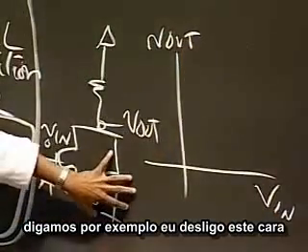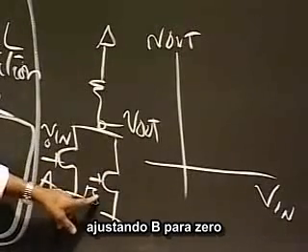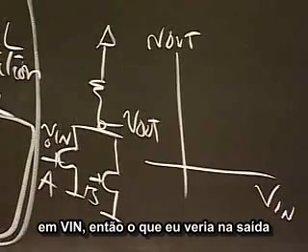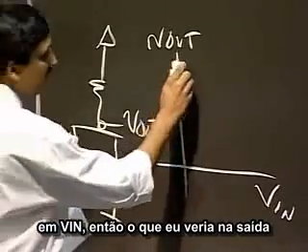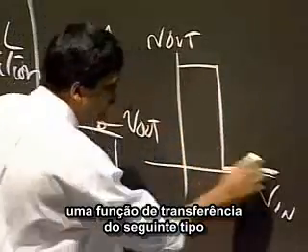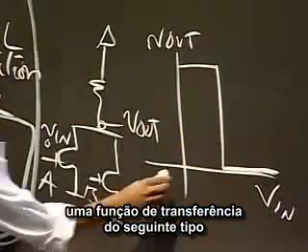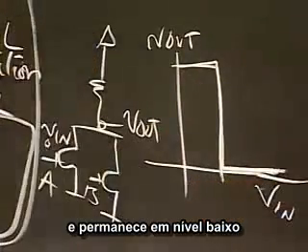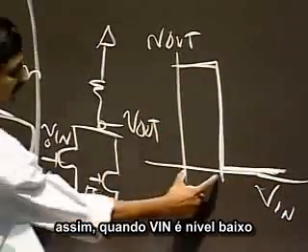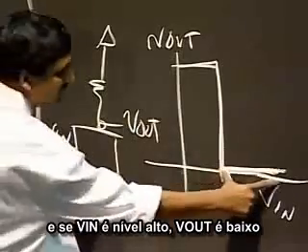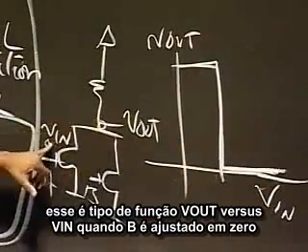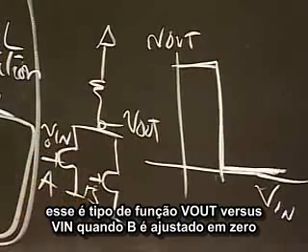Let's say, for example, I turned this guy off by setting B to 0. And then I simply apply a low to high transition at V in. Then what I would see at the output is a transfer function of the following sort, where as V in changes, the output switches at some point and then stays at a low value. So when V in is low, V out is high, and V in is high, V out is low. So that's the V out versus V in when B is set at 0.